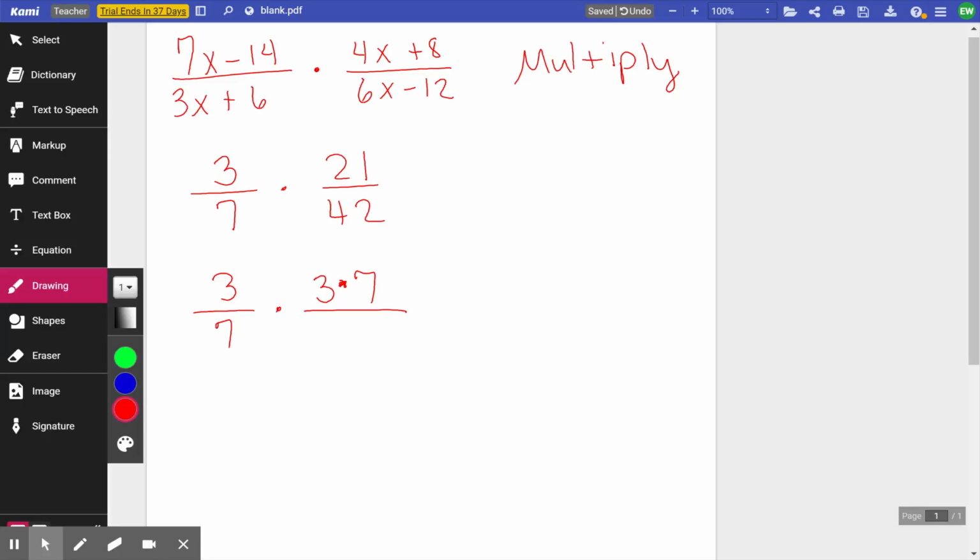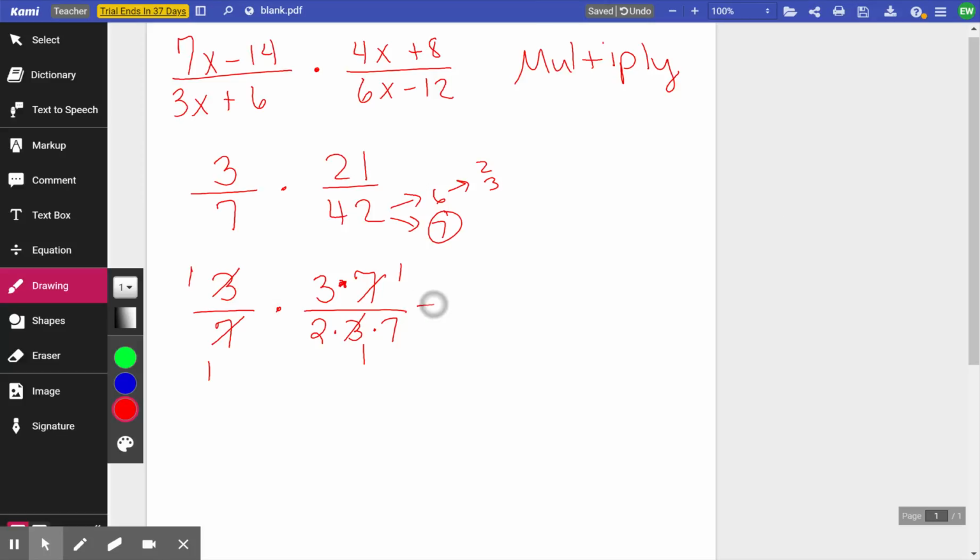Now, if I do 42, I can use 6 times 7, where 7 is prime, but the 6 would need to be broken down into prime numbers. So 42 would be 2 times 3 times 7. And then I can begin to cancel out. 3 goes into 3 once. 7 goes into 7 once.